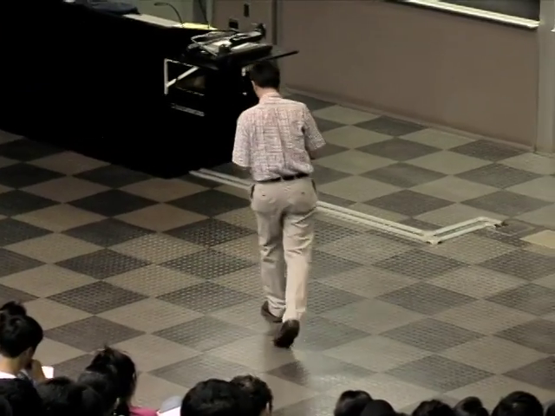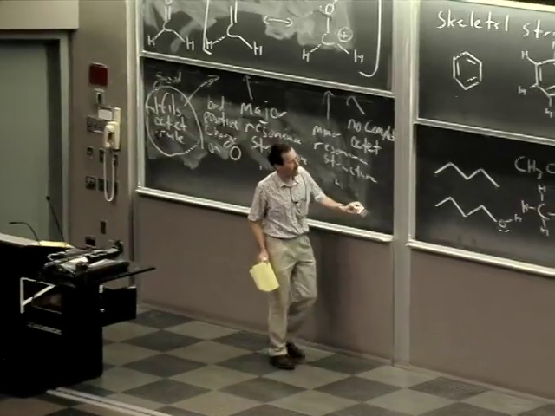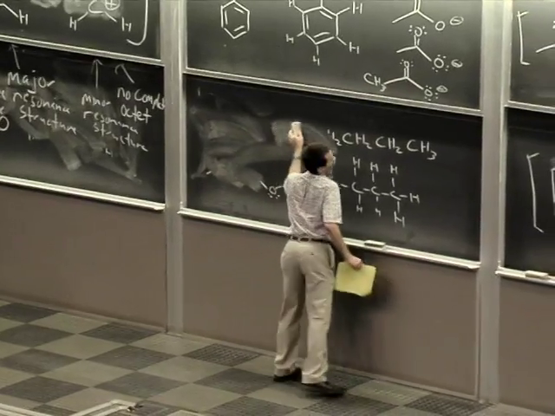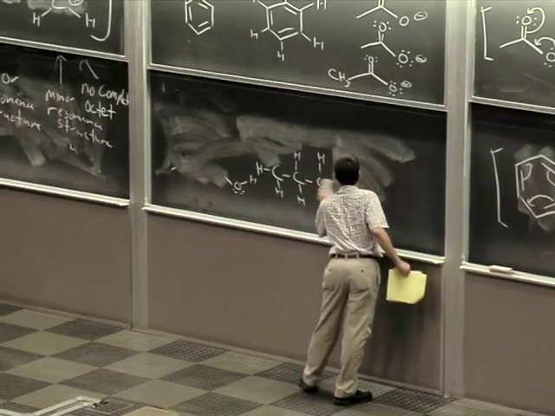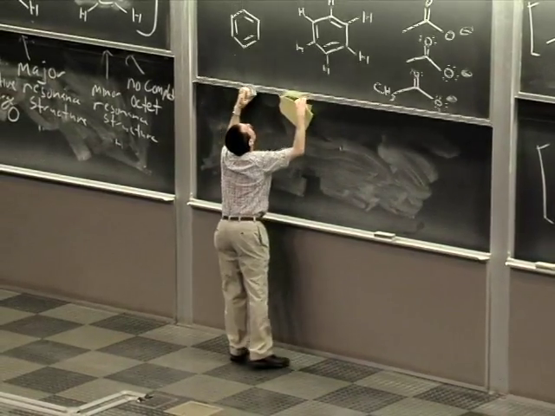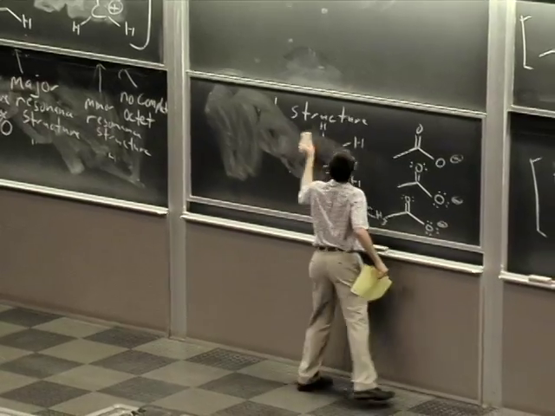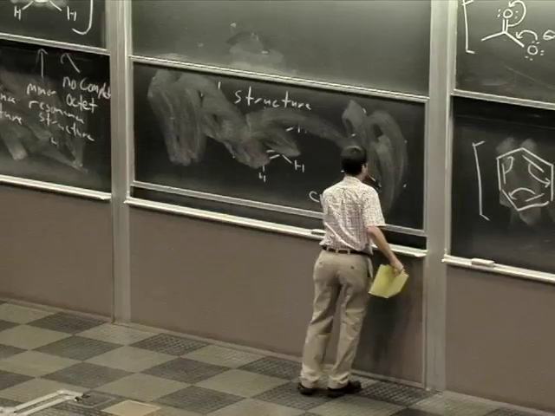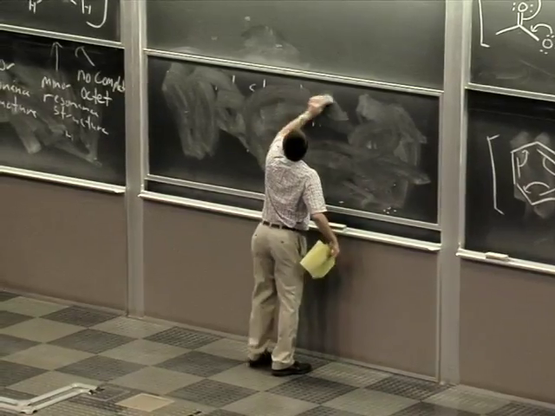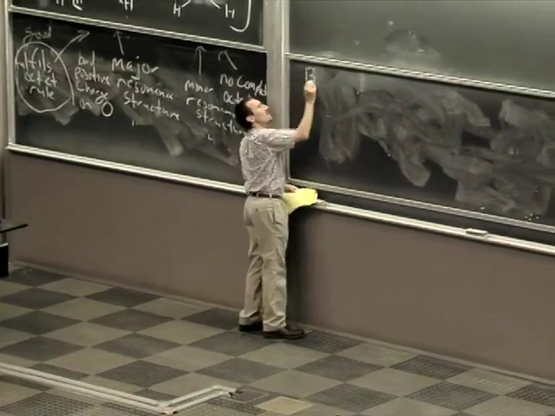I'm going to show you some numbers and some trends, and then come back to a sister of our protonated formaldehyde to explore the implications. All right, so bond lengths.